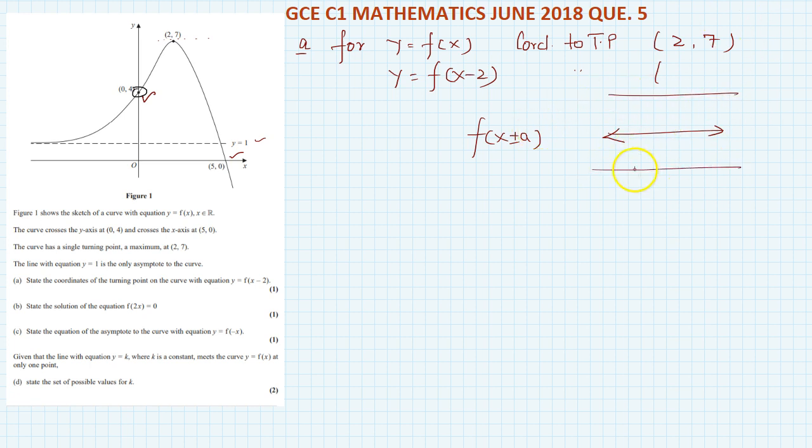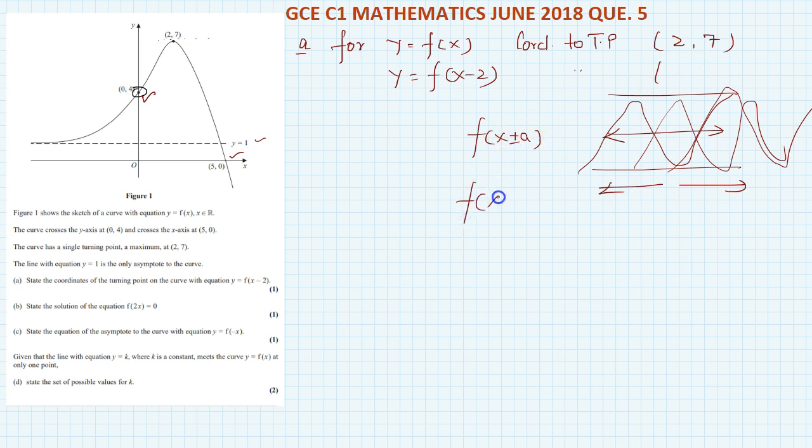Its height will remain the same, it will not change. Either it will come this side or it will come this side. If it was x plus 2, this is a plus 2, so it will move in the minus 2 direction.